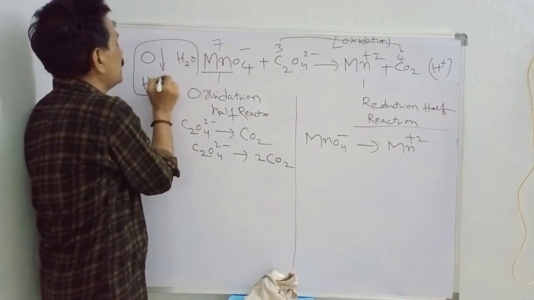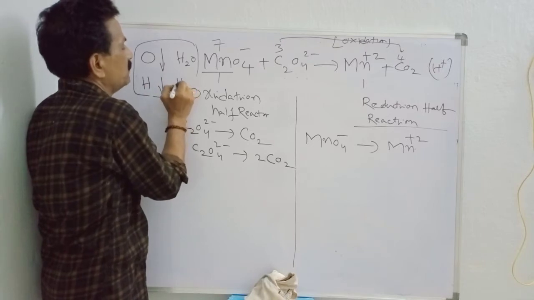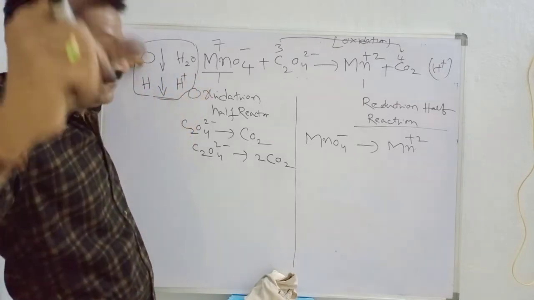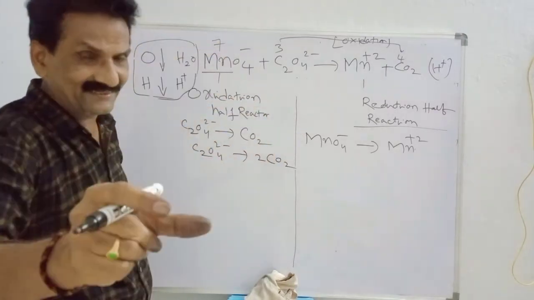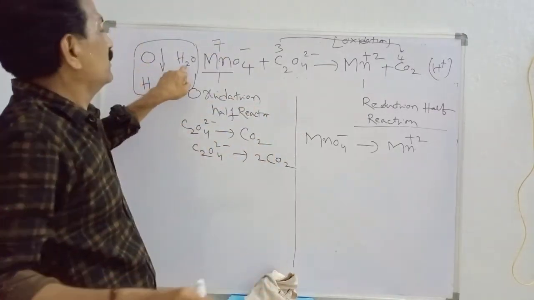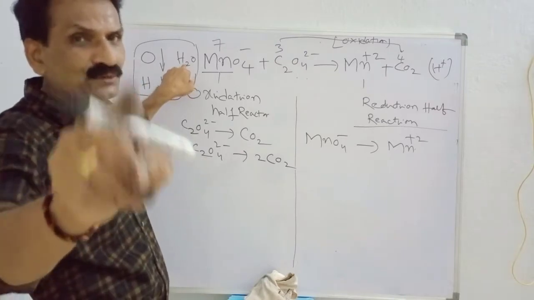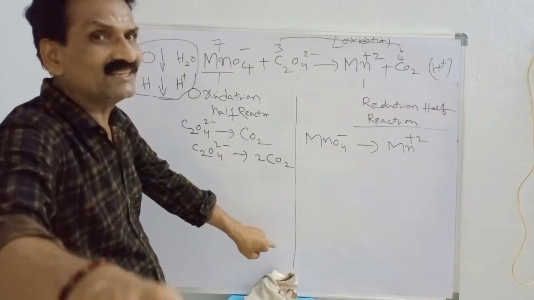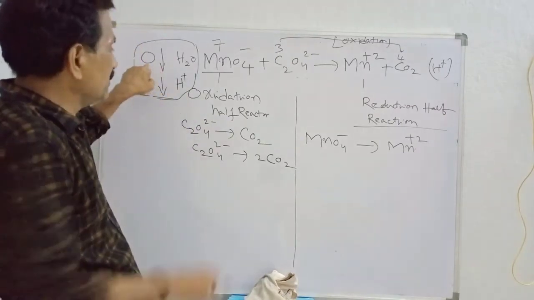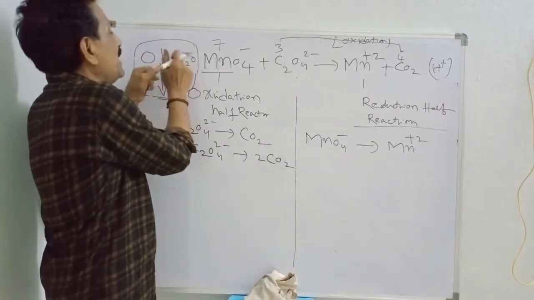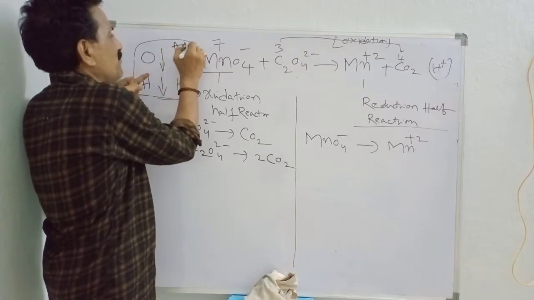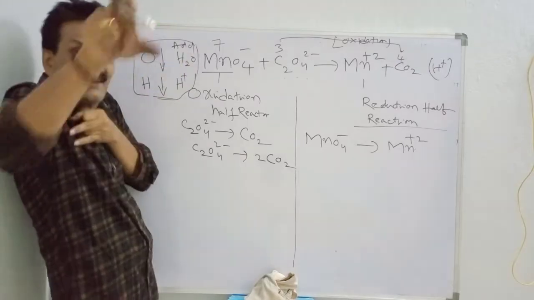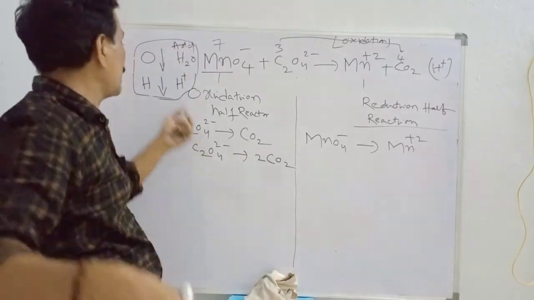Where the hydrogens are less, you have to add H+. Please note it, the most important point while balancing this equation. Where oxygens are less, we have to add H2O. Where hydrogens are less, we have to add H+.